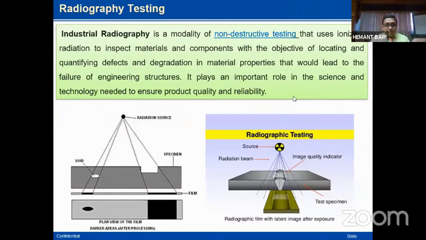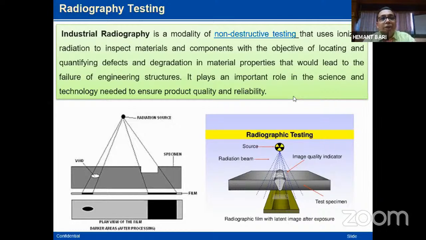Then the radiography testing. Industrial radiography is a modality of non-destructive testing that uses ionizing radiation. Okay, it plays an important role in the science and technology needed to ensure product quality and reliability. Generally, radiograph testing is done not for the turbine blades, but for boiler welding joints.